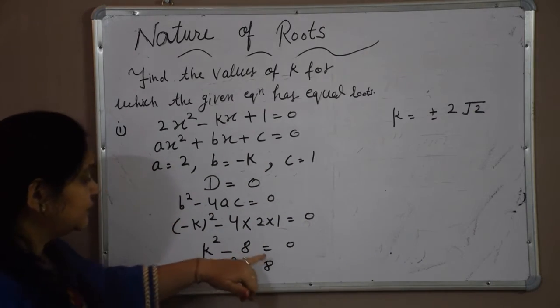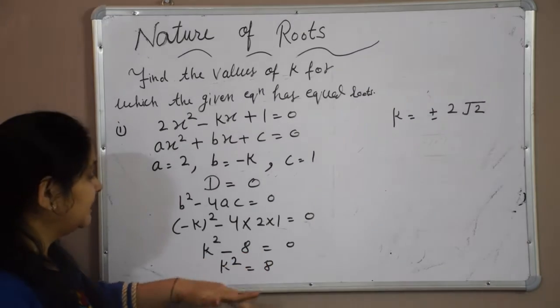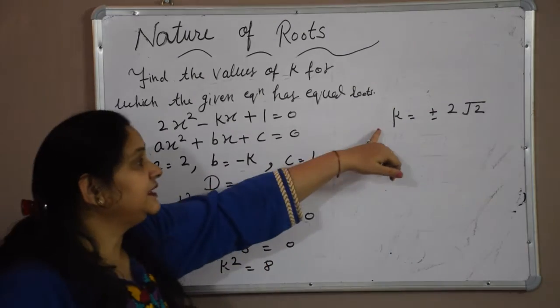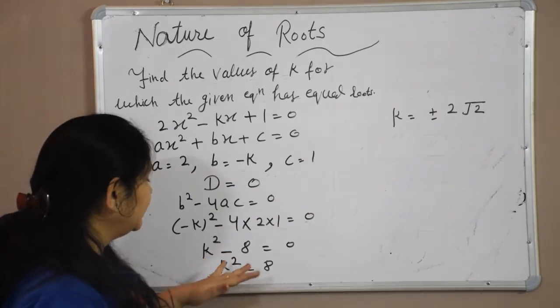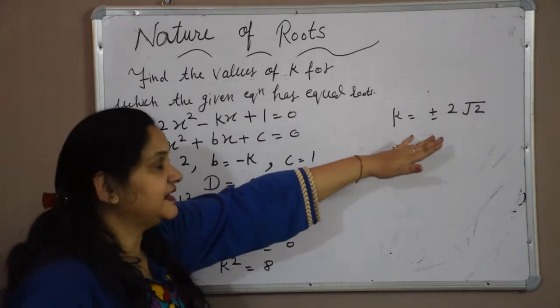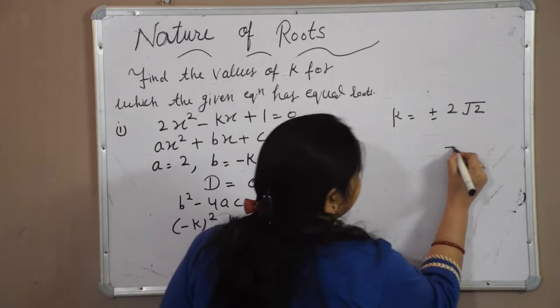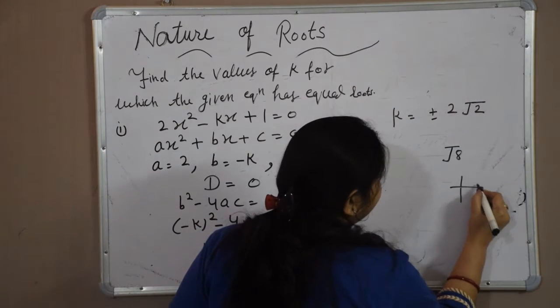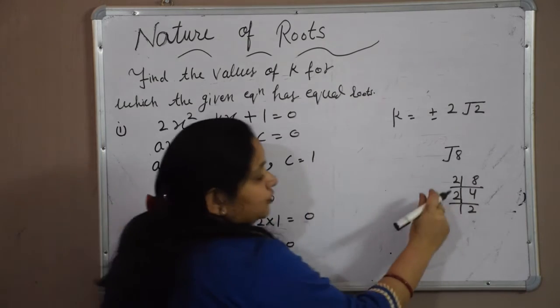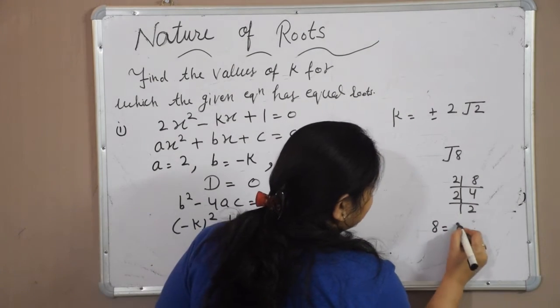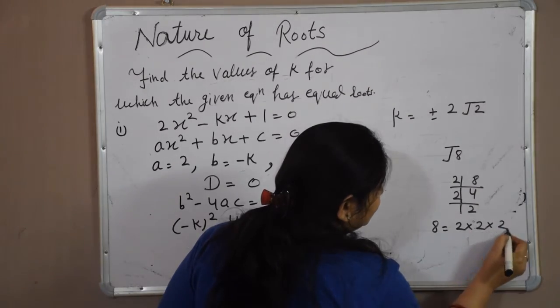Whenever this square goes to the right hand side, it will become under root, because we only want to find a value of k. So from k square we will come to the right hand side with under root. How can we find the under root of 8? We can factorize simply. 2 into 2 into 2. So 8 is equal to 2 into 2 into 2.